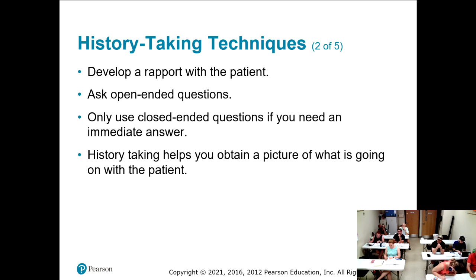We're asking open-ended questions. Why are we asking open-ended questions? Why would we not use closed-ended questions unless we absolutely had to? Because they might have information that you wouldn't find. They might let the beans spill with an open-ended question, something they're trying to keep hidden. It also allows them to use their own words to describe something, instead of asking, does the pain feel like a pressure?